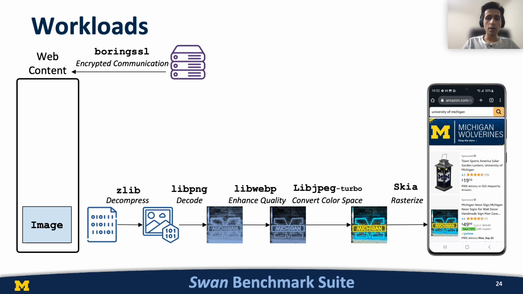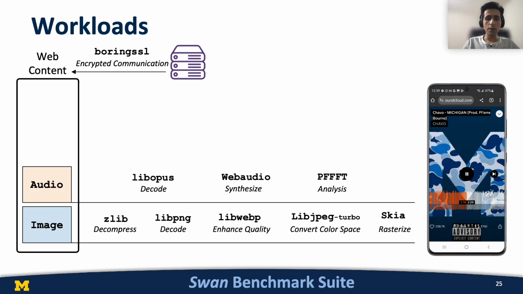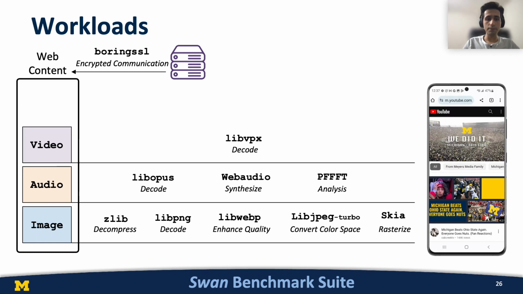An image is decompressed, decoded, enhanced, converted to other color spaces, and rasterized on the display using the kernels of 5 libraries in the Swan benchmark suite. Swan includes 3 libraries to decode, synthesize, and analyze an audio sample.